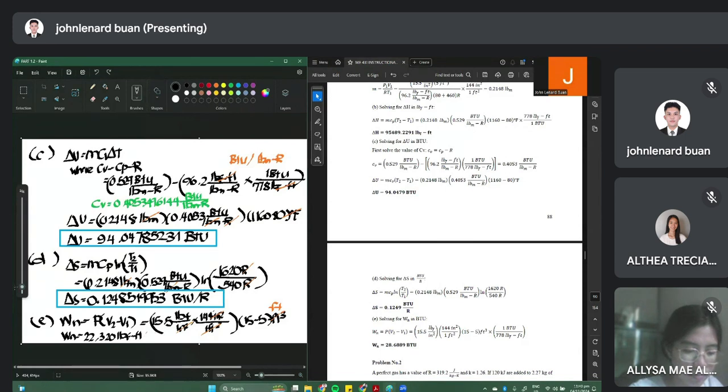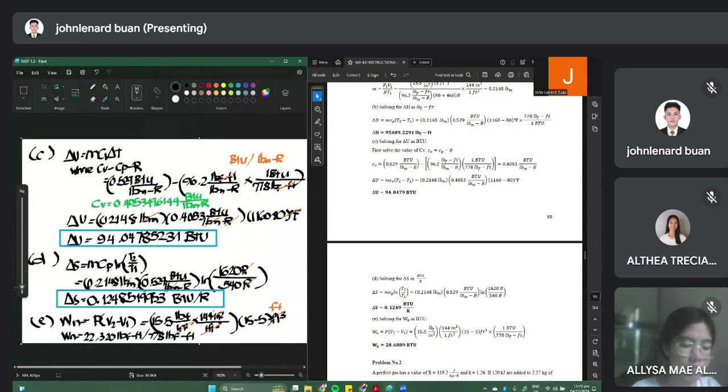We divide, since 1 BTU is equal to 778 pound force feet. So we can just divide it. Or you can also multiply by 1 over 778.